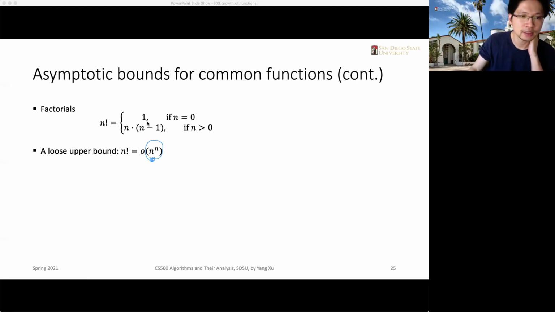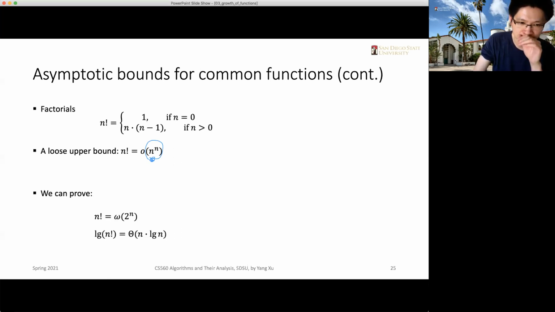So we can see that the factorial function grows really big and also really quickly. If we compare the factorial function with the exponential terms, the exponential term is a loose lower bound for the factorial.